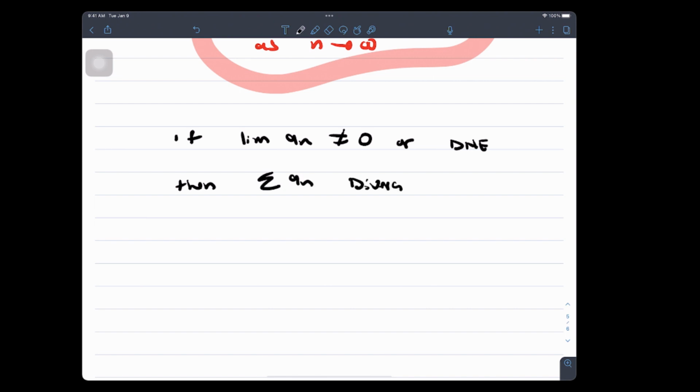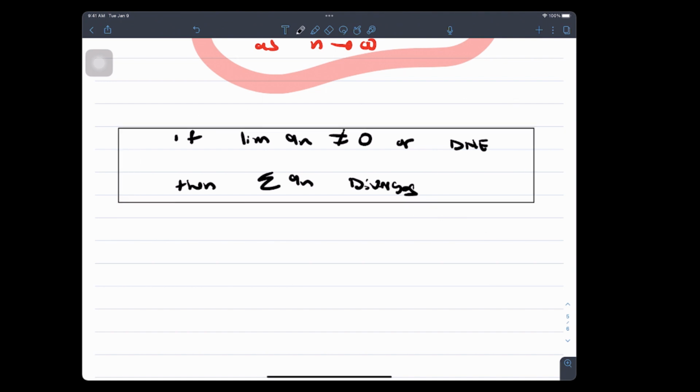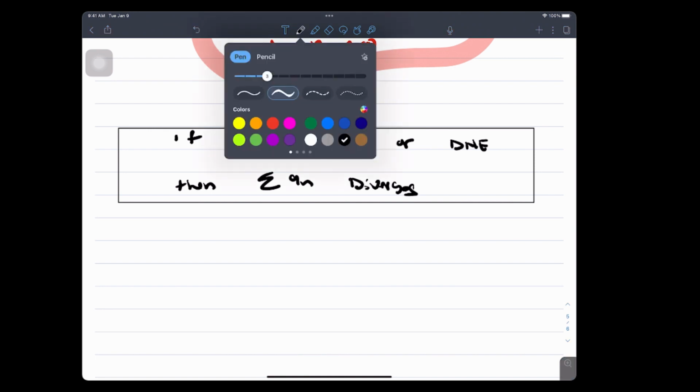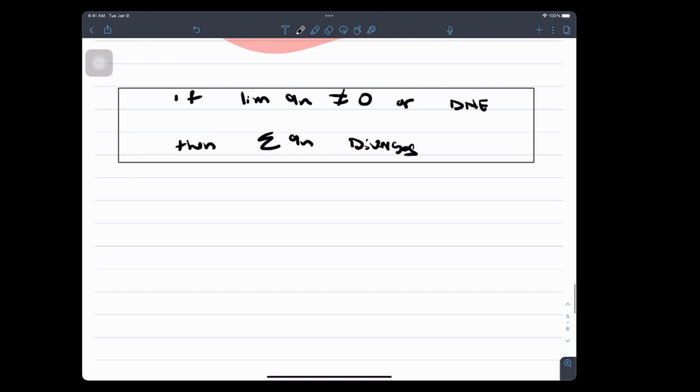Diverges. This is the test for divergence. So I want to bring that up because it shows up. Anyway, just want to throw that out there.